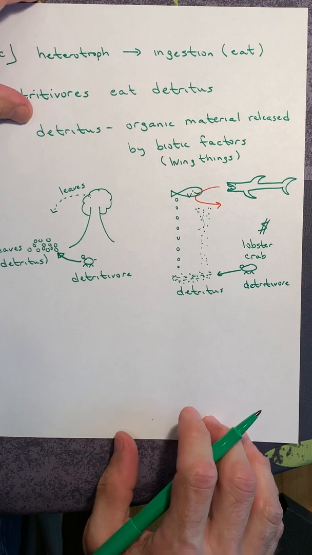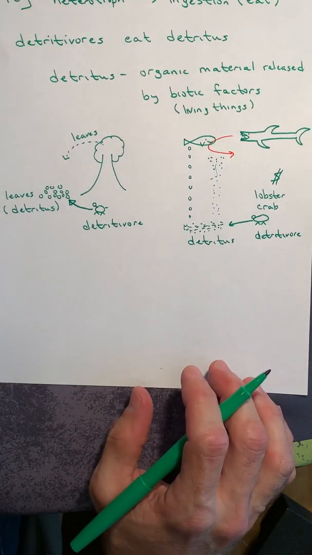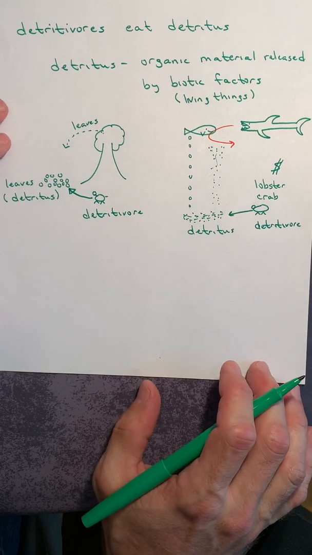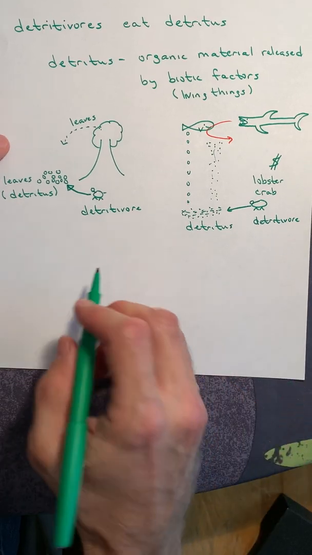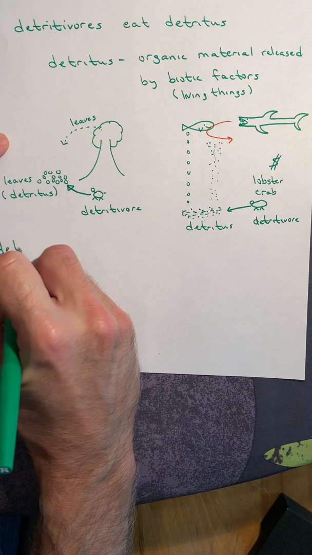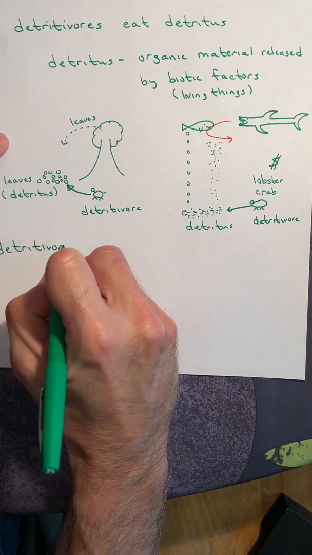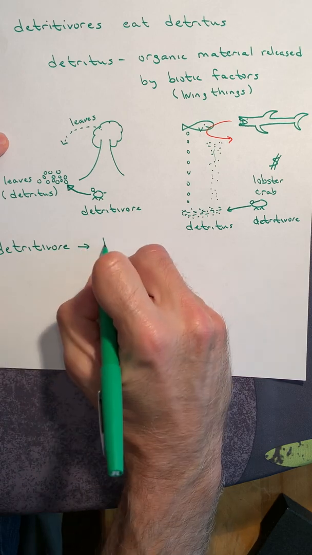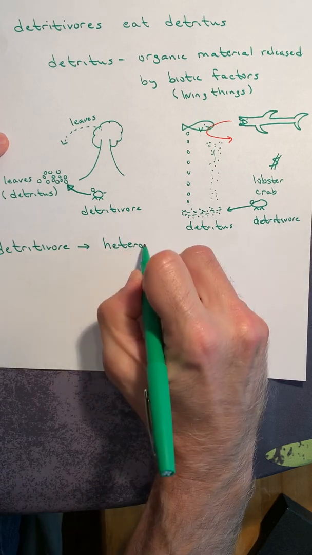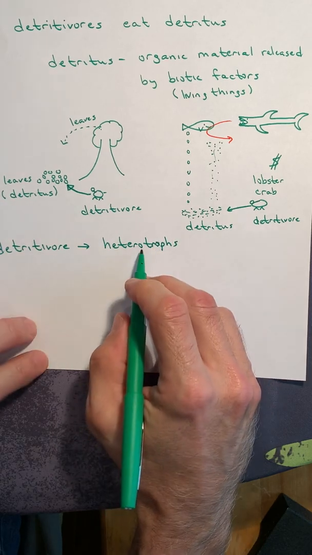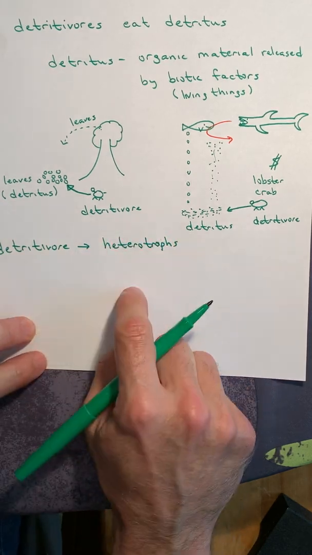So they then talked about internal and external digestion, and that's an important difference between a detritivore and a saprotroph. So a detritivore, these are heterotrophs. So heterotrophs are your larger group.